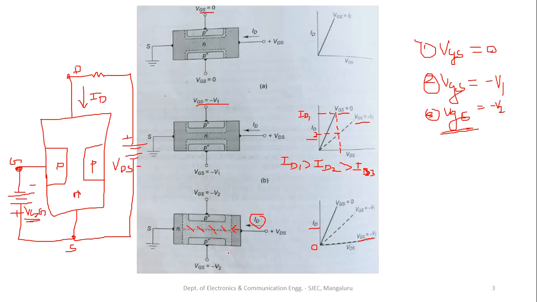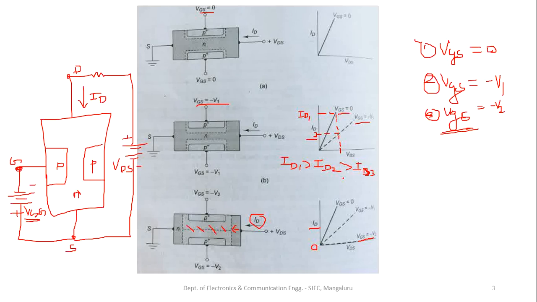The resistance is very high, and there is no flow of current in this channel. So ID1 is greater than ID2, which is greater than ID3. The depletion region acts as resistance for the flow of the current. The channel is essentially a resistor, and the channel resistance increases when the depletion region widens.